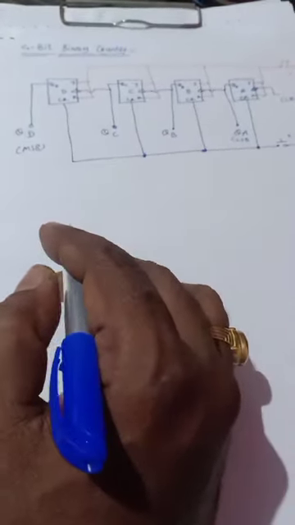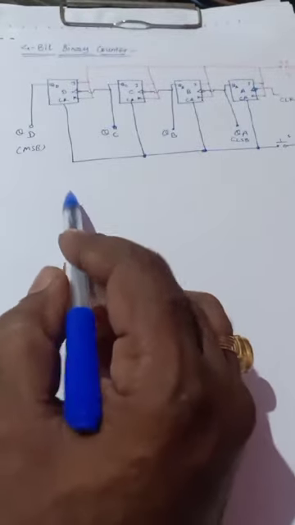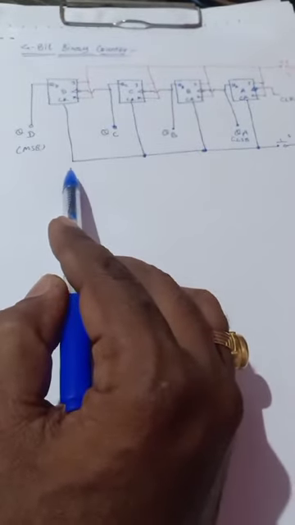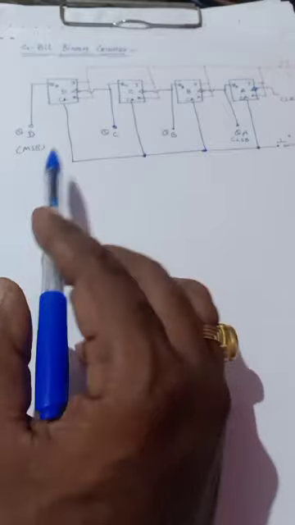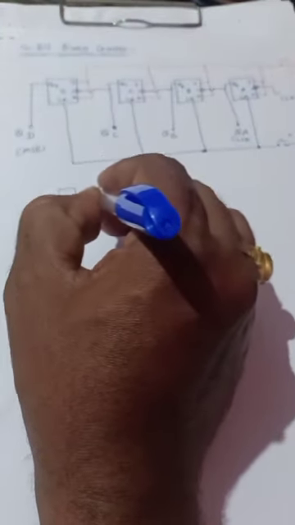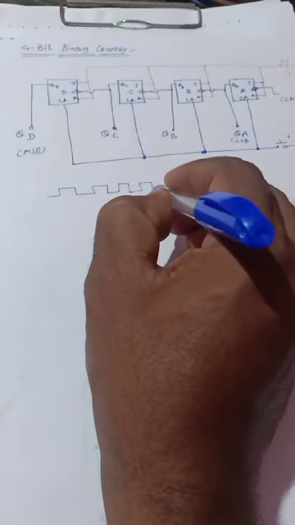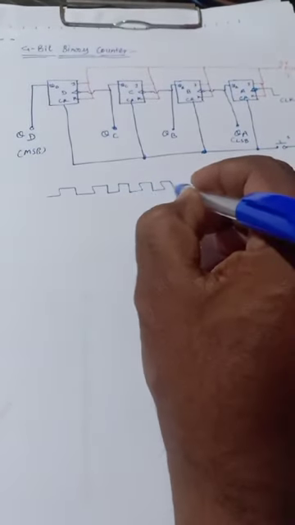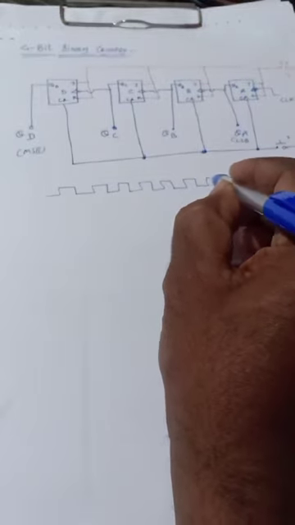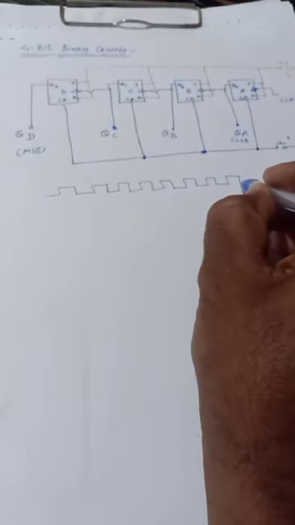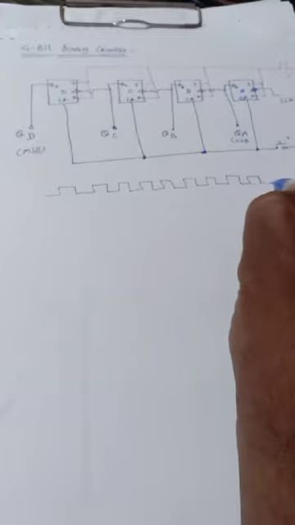Timing diagram means you are going to see the states applied for the input and output. That is called a timing diagram. Okay, let us see here. So we are going to apply a clock, this is the clock frequency applied to the input of the LSB JK.